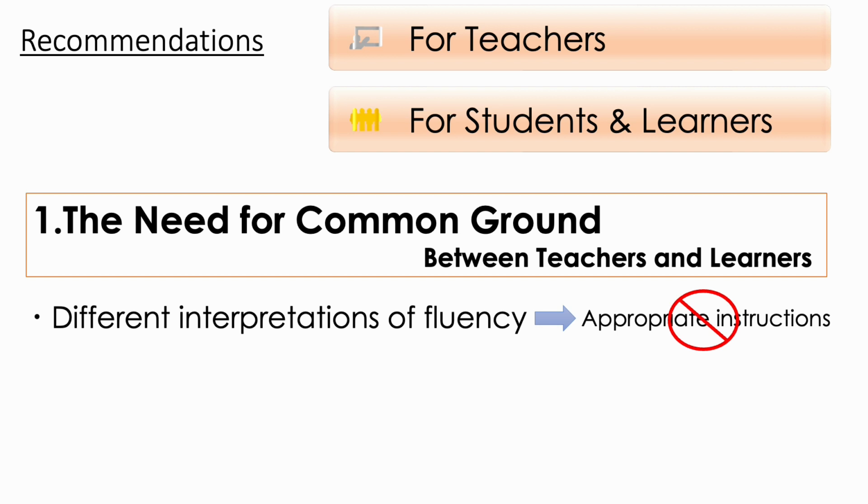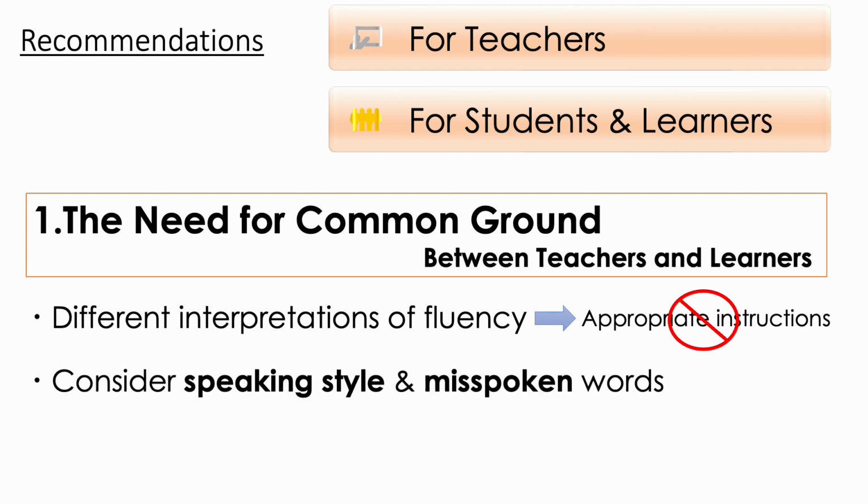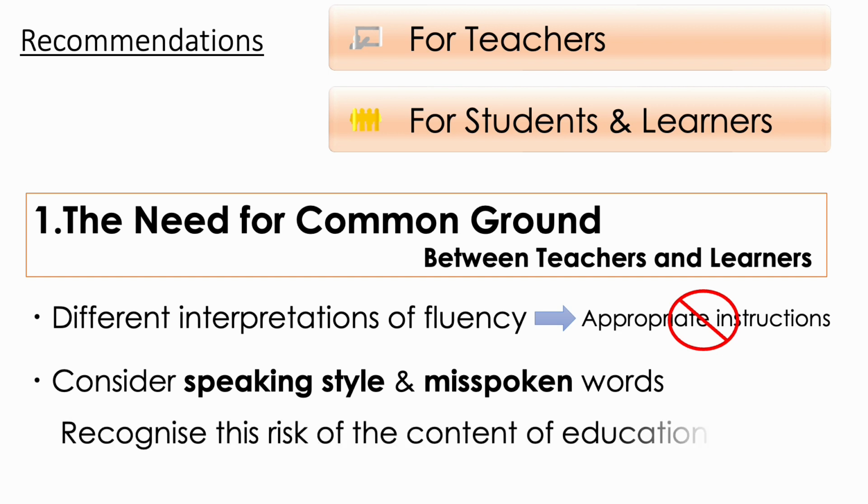Misguided evaluations based on a false perception of fluency in the classroom would be at risk of leading to misguided teaching. In terms of the assessment of speaking, teachers should consider speaking style and misspoken words in speaking activities and tests. Thus, it will be important to recognize this risk in considering the content of education.